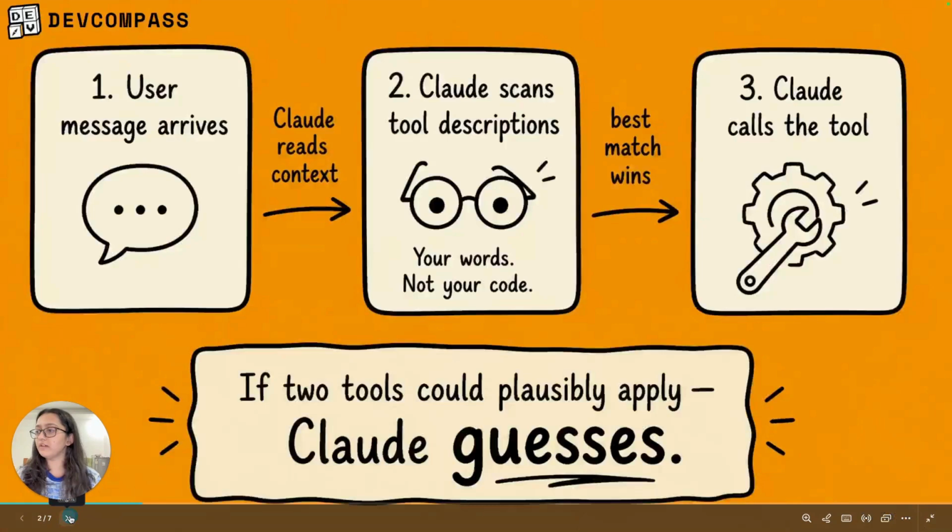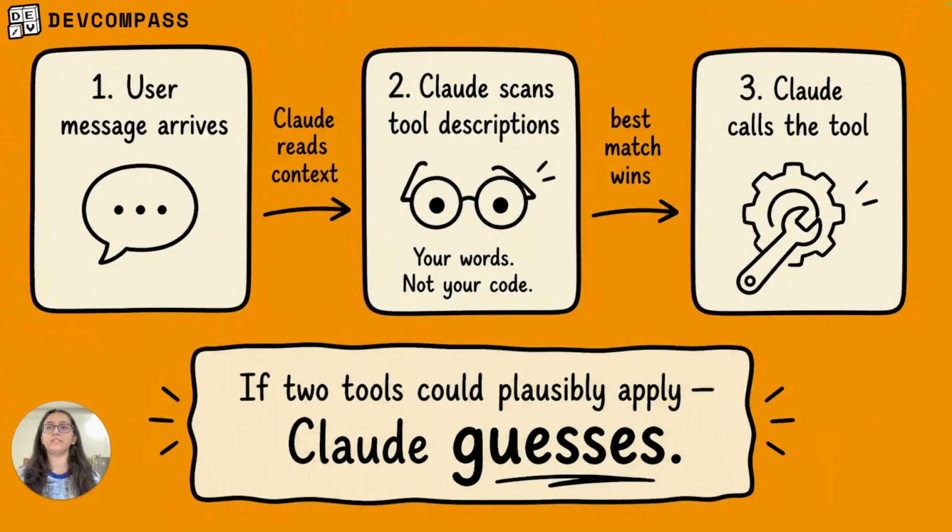Okay, so looking on the screen, you see 3 cards, and we will talk about how Claude actually decides which tool to call. And I want you to really sit with this one because it surprises most developers the first time they understand it fully. You give Claude a list of tools.